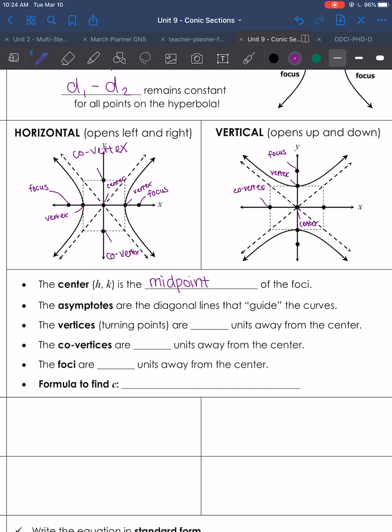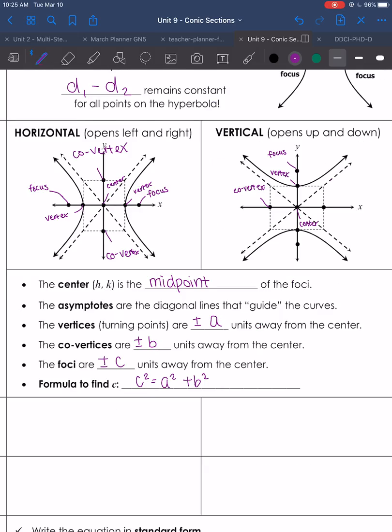The asymptotes are the diagonal lines that guide the curves. We've talked about asymptotes before with exponential and logarithmic functions. The vertices are our turning points, are plus or minus a units away from the center, and the co-vertices are still plus or minus b units away from the center. The foci are still plus or minus c units away from the center. But to find the c this time, it's c squared equals a squared plus b squared.